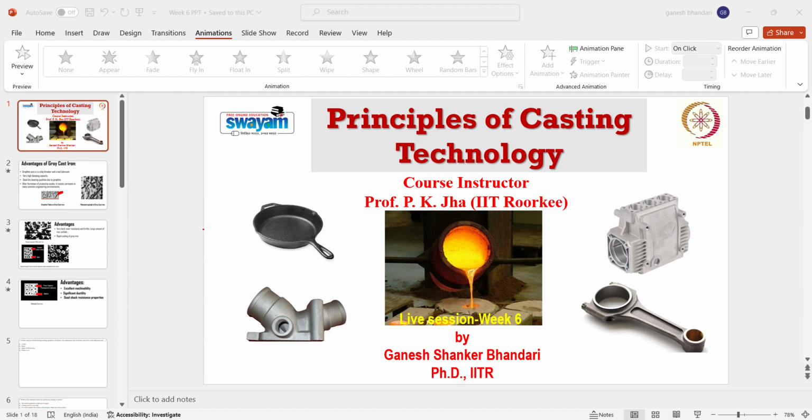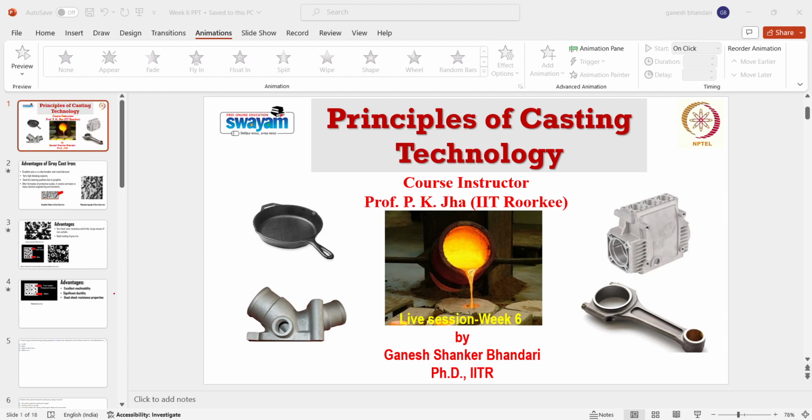So when we are talking about the purest form of iron, we are talking about around 99% or more iron. In cast iron, we generally go with a carbon percentage of 3 to 5%, depending on your properties. We can go with graphite formation, and we can go with iron carbide formation.